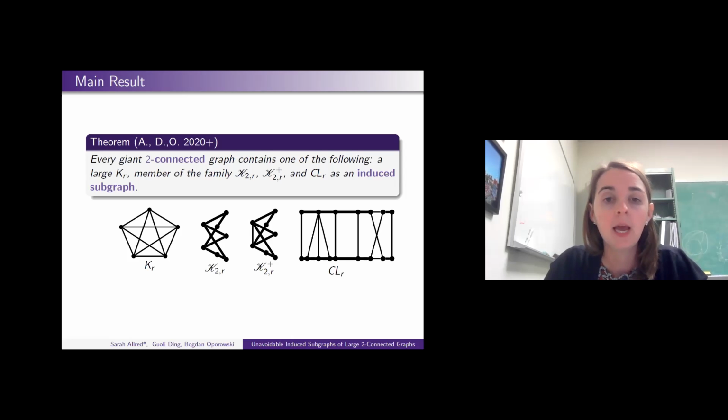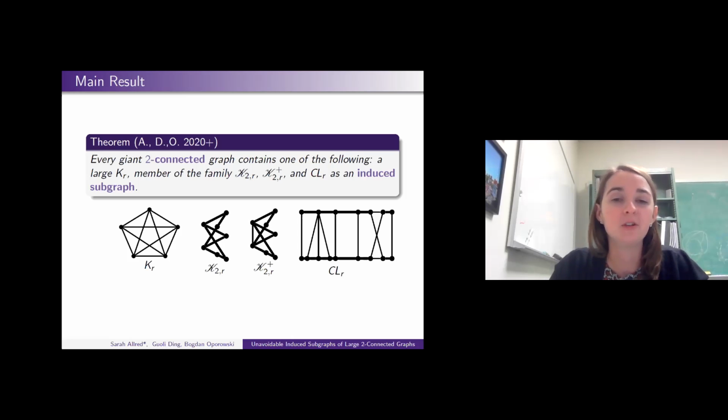And because we're talking about induced subgraphs, there's nothing we can do to delete one edge that would join members over here of the bipartition with degree R. The only thing we would be able to do is delete one of the endpoints, but we don't want to delete one of the endpoints because we still want to keep our structure of K2R.